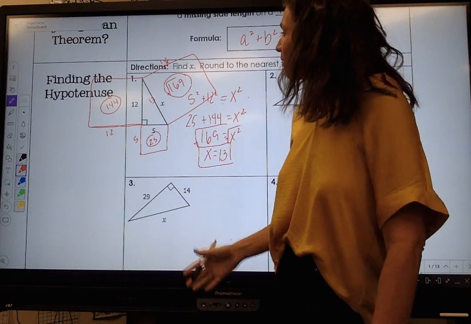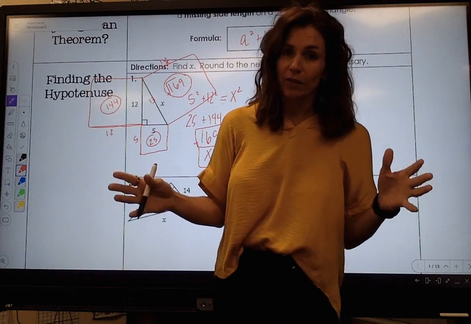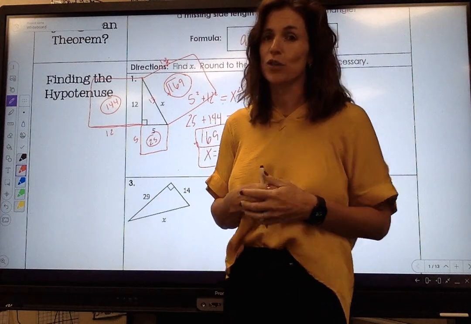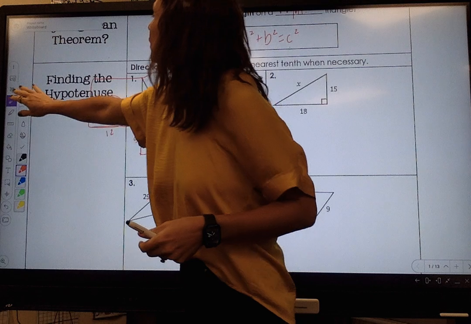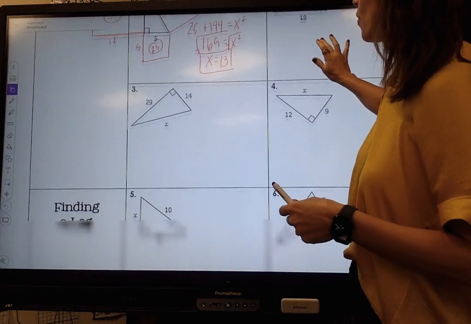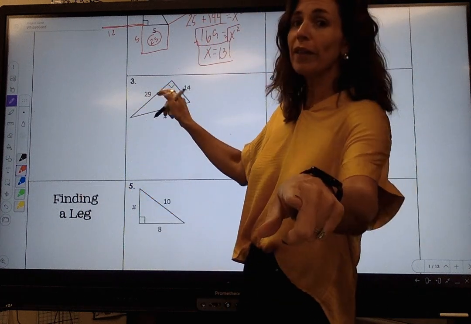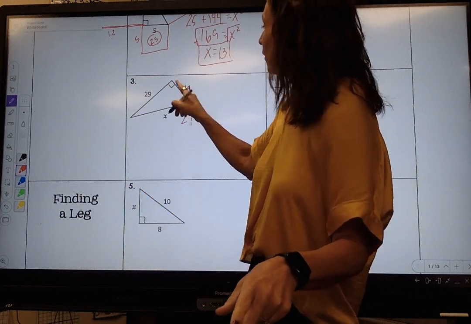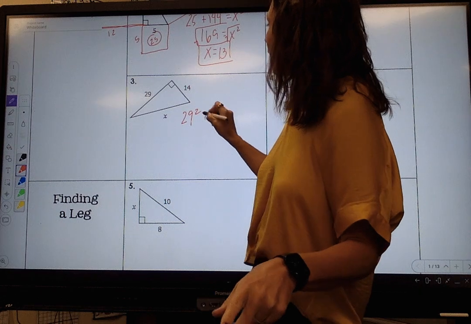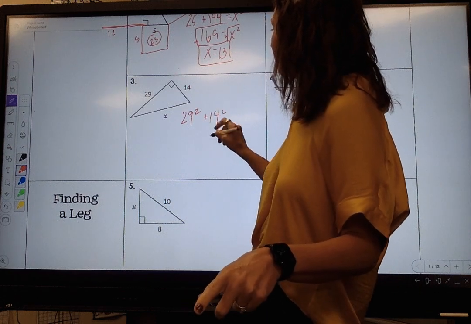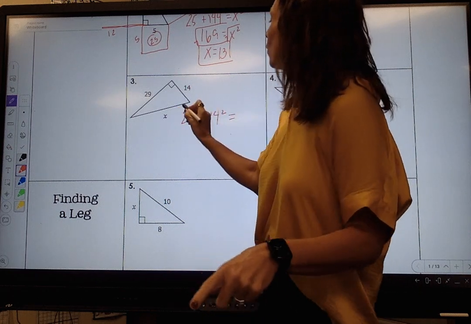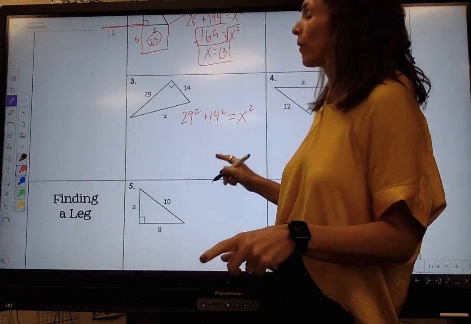Now, clearly, we don't have to draw a picture every single time, but I really think it helps with the visual. So let's take a look at number 3. Remember what he said. If you square the legs, 29 squared, that's a leg, and you add 14 squared, that's going to equal the hypotenuse squared.